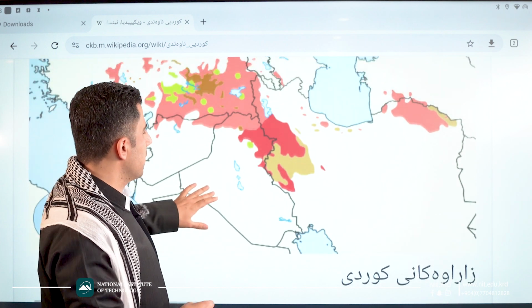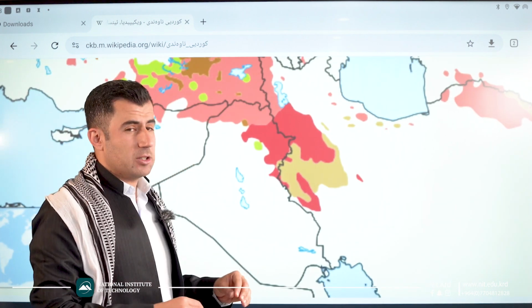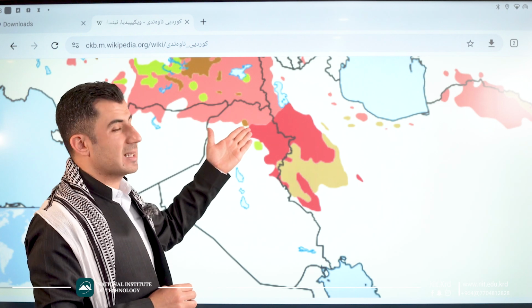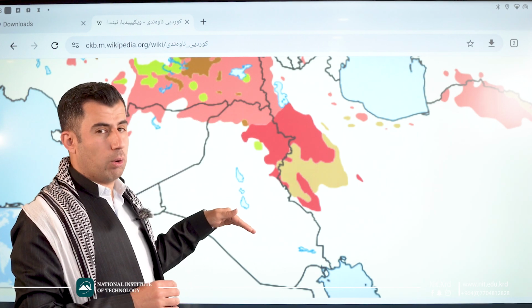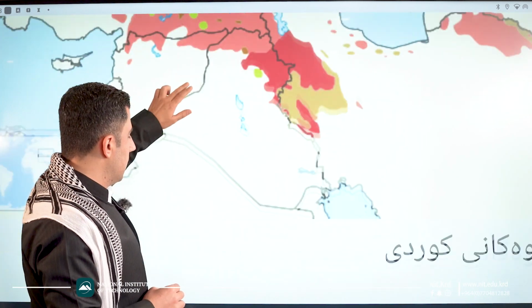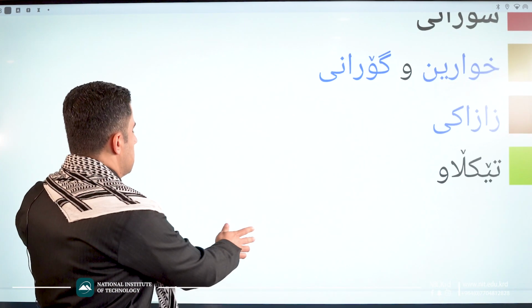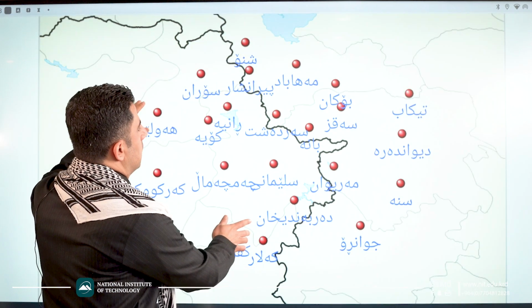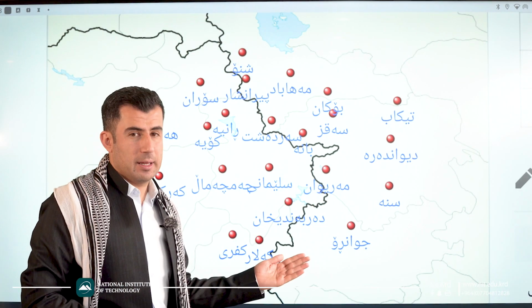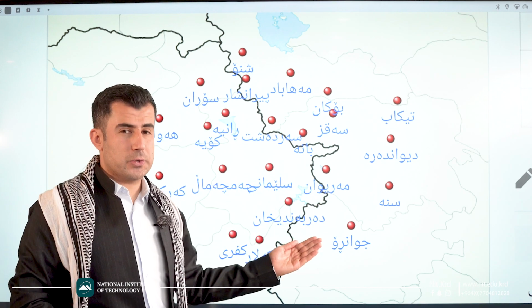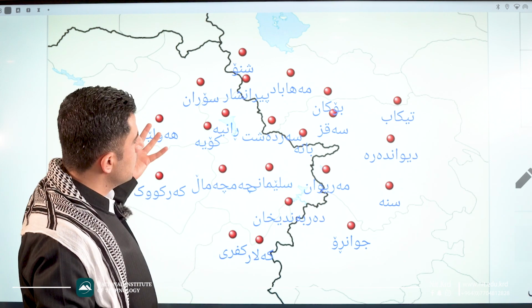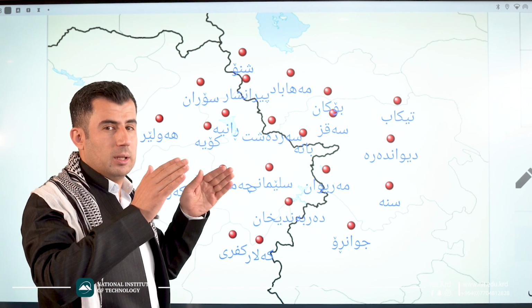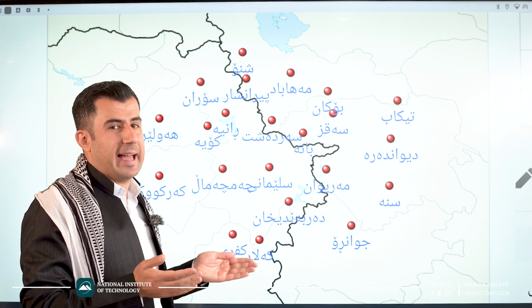If we look at this map, Central Kurdish is used by people around here, mostly in the southern part of Kurdistan. Let me show you those cities that mostly use Central Kurdish. It's here. These are the cities that use the Kurdish language in the Central, Sorani dialect.